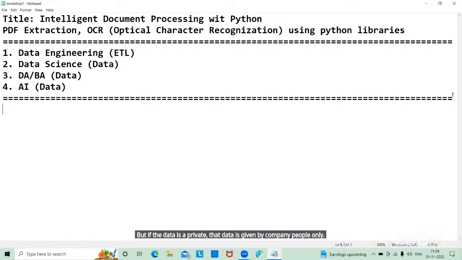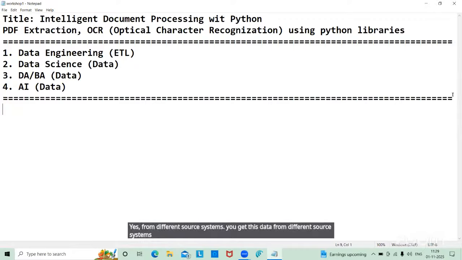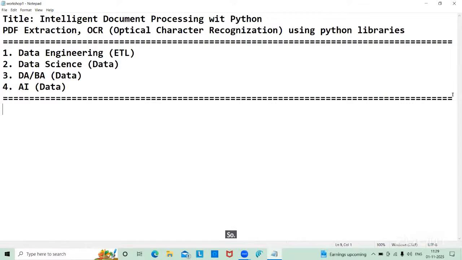Yes, from different source systems. You get this data from different source systems, right? So this data can be either public or private. And this data can be either structured, semi-structured or unstructured. Structured means it can be in tabular format.